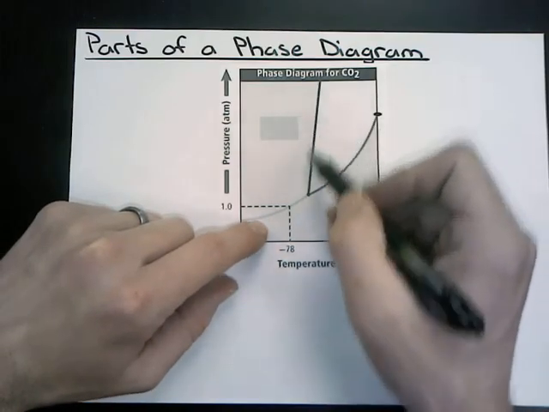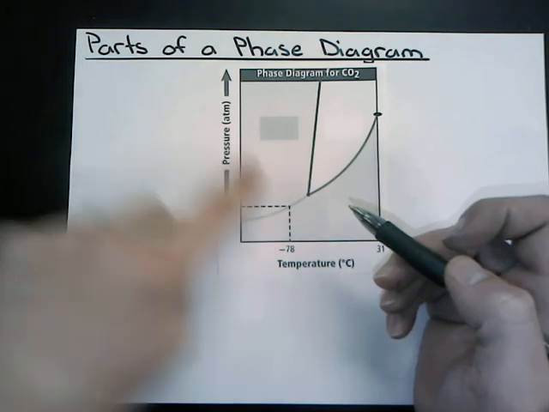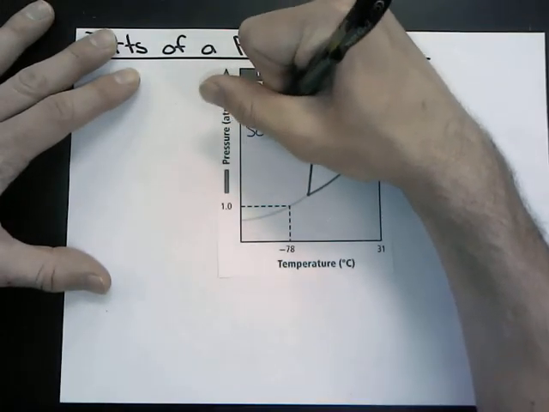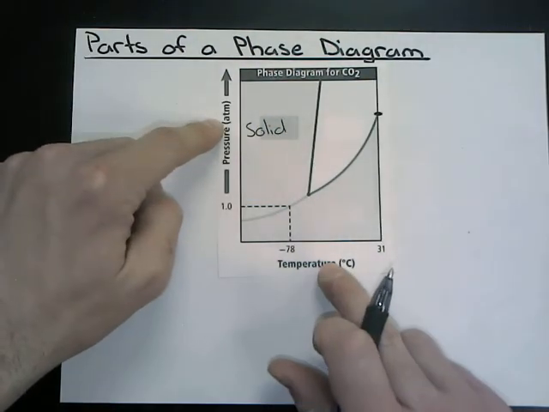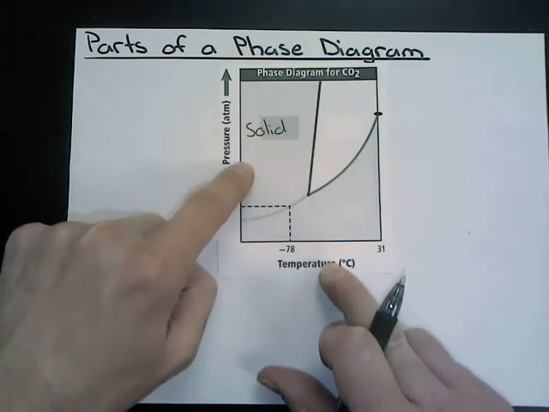So, this first region, which is in the upper left-hand quadrant, is for a solid. So if you have conditions with certain pressures and certain temperatures for, in this case, CO2, we would have in this upper left-hand position our solid.